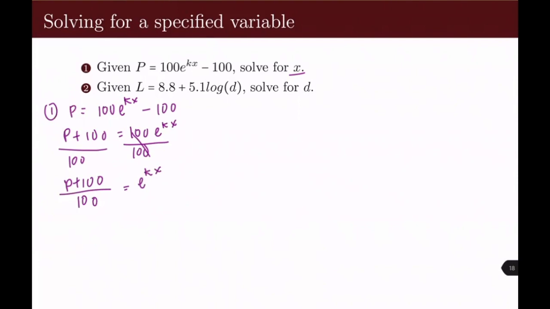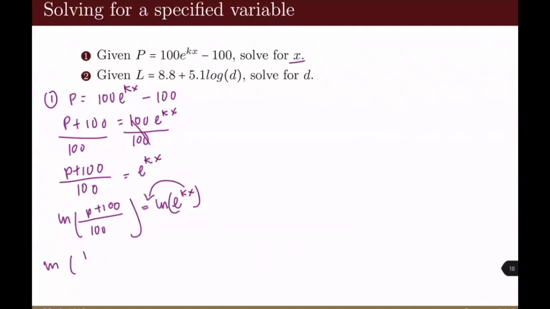Next, I need to take the natural log of both sides. And remember, when I take the natural log, I can do the log property where you take the exponent and put it outside. So that means I'll have ln of P plus 100 over 100 is equal to kx times ln e, and ln e is our favorite number, 1.